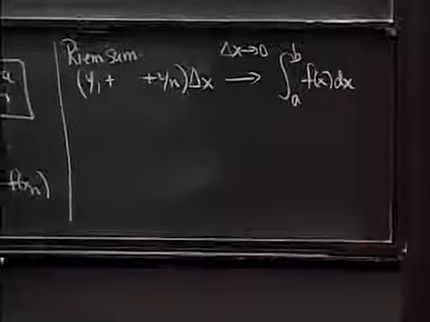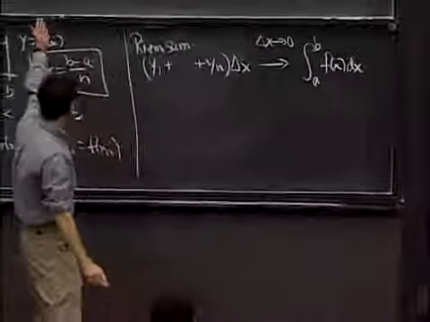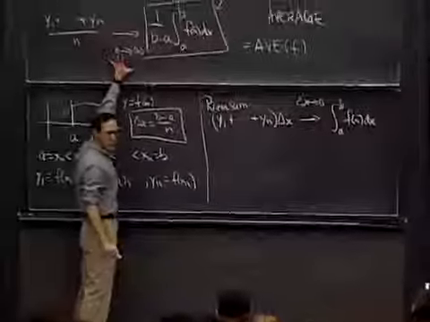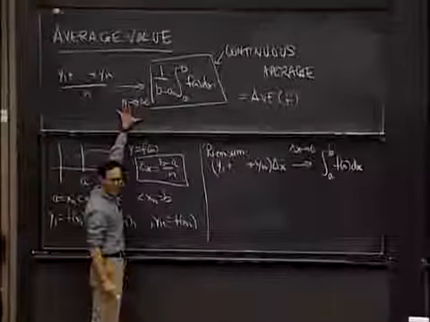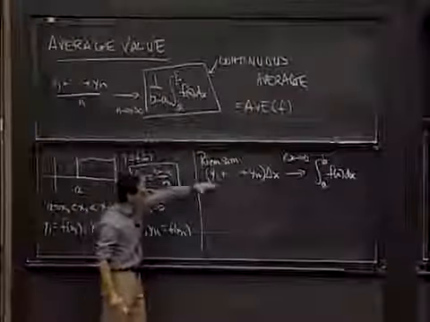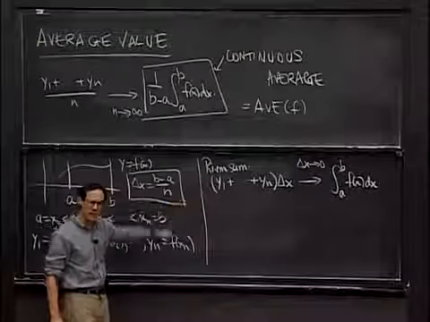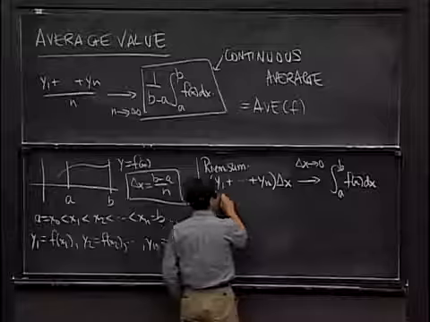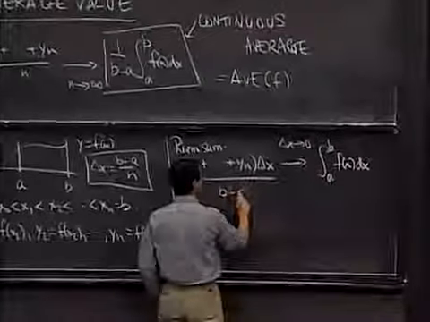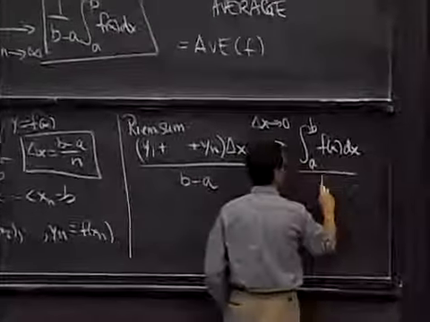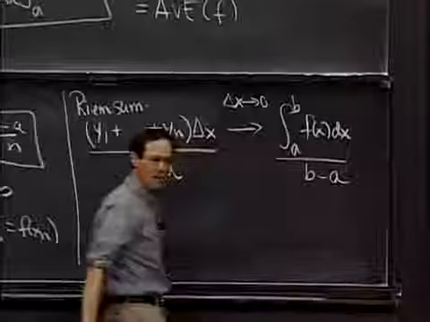The only change in point of view, if I want to write this limiting property, which is right above here, the only change between here and here is that I want to divide by the length of the interval, b minus a. So I will divide by b minus a here and divide by b minus a over here.